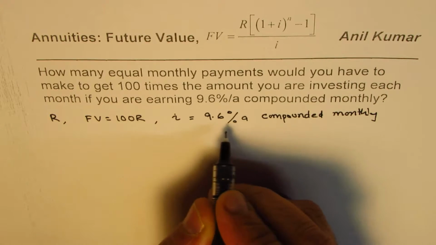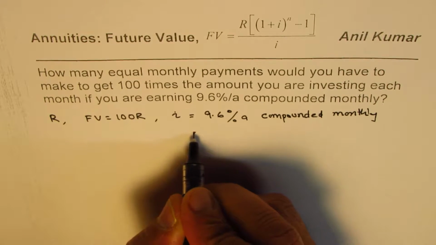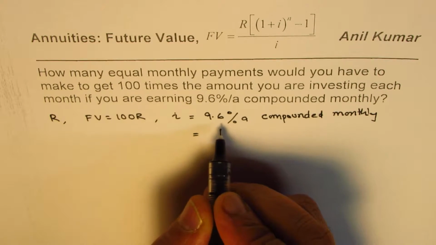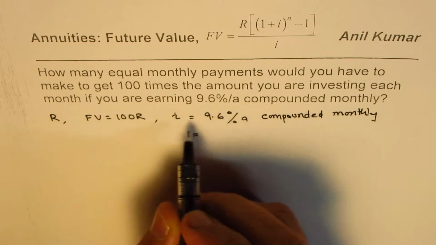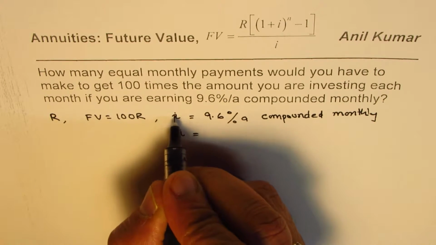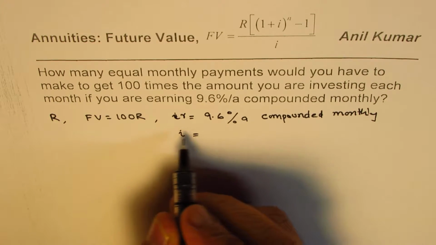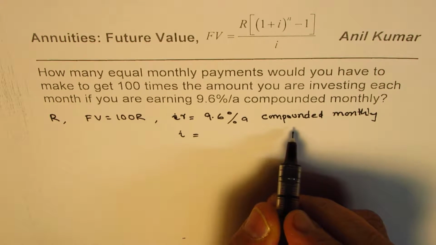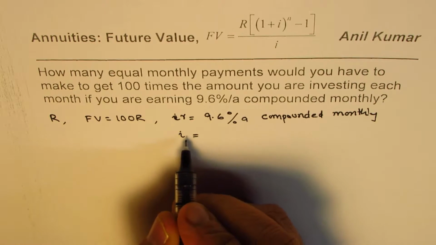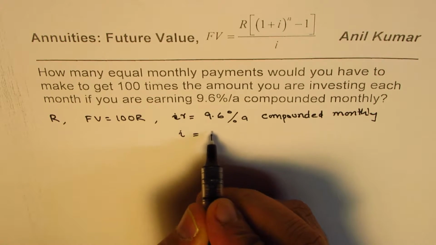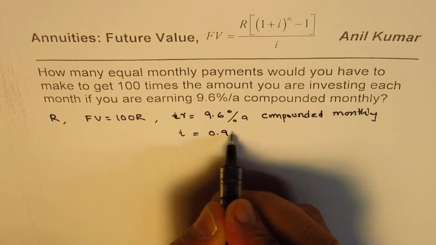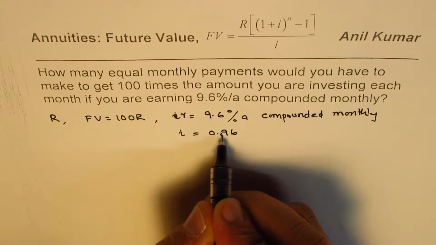So when this is compounded monthly, this is actually the rate of interest which we can find in compounding periods, which is I. So I is compounded monthly. It'll be 9.6 is 0.096.